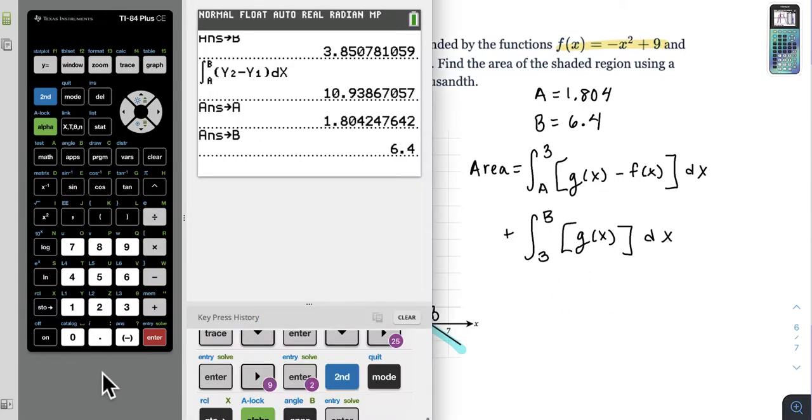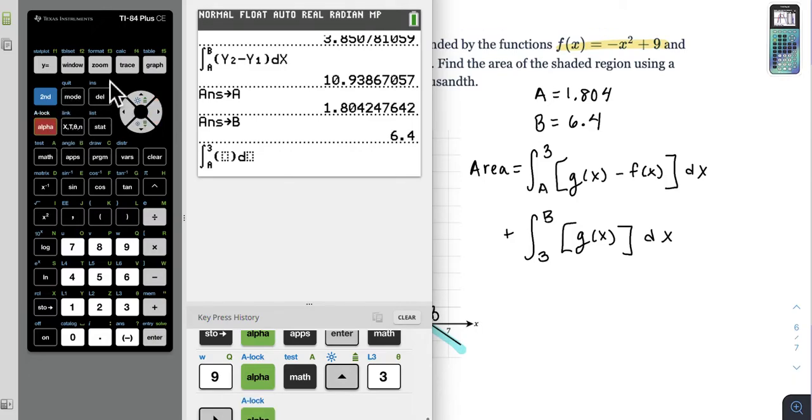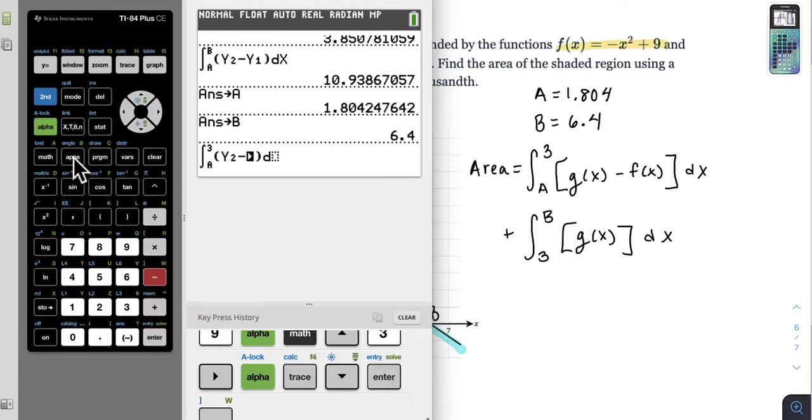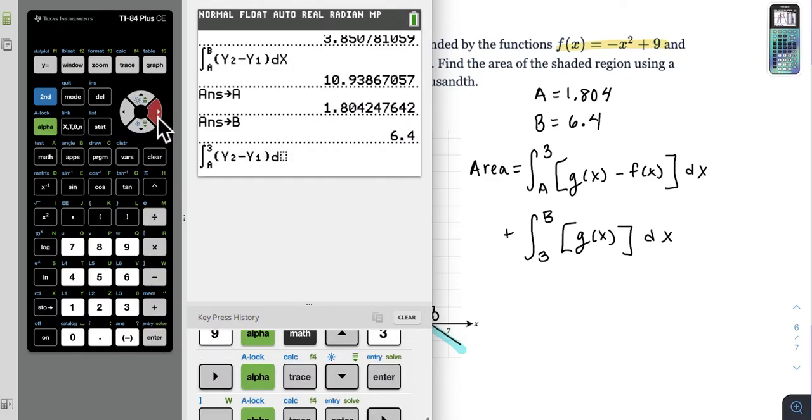So now I'm just going to type that in exactly as I see it. I'm going to hit math option 9. I want to go from alpha A to 3. And g of x is, I believe, in my second one. So we're going to hit y2 minus y1 dx.